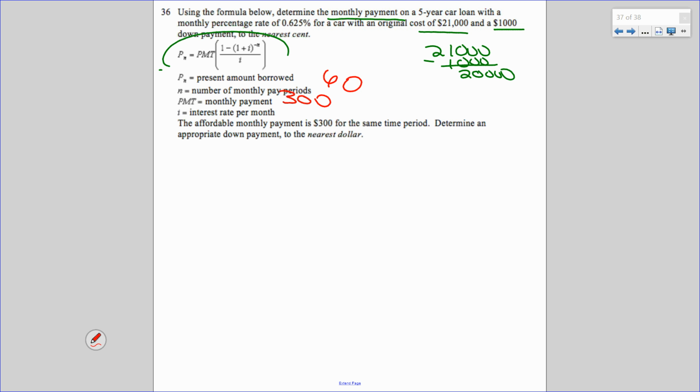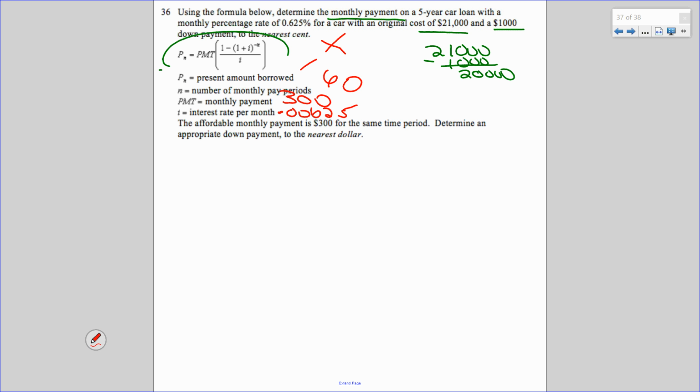The amount borrowed, well, that's what it's asking for now. The interest rate is still 0.00625, and it's asking for a down payment. Well, once I get the present amount borrowed, I can figure that out.